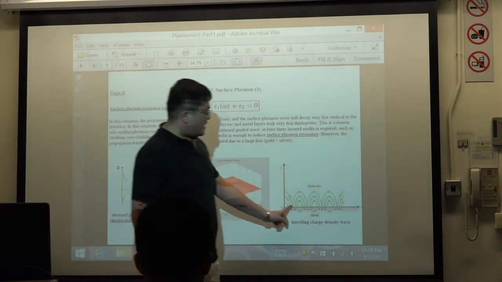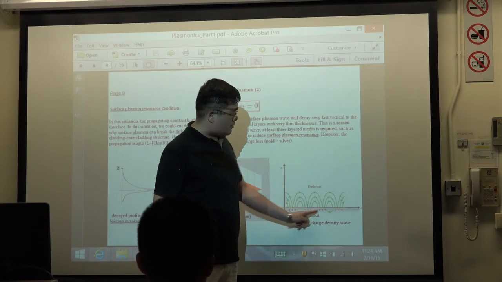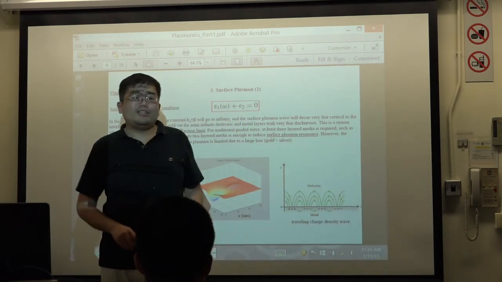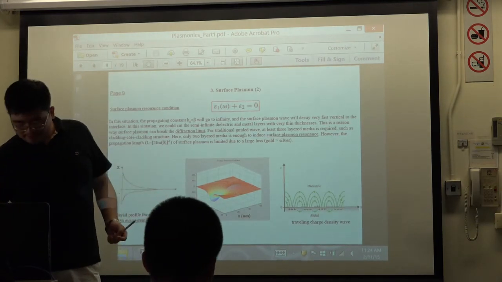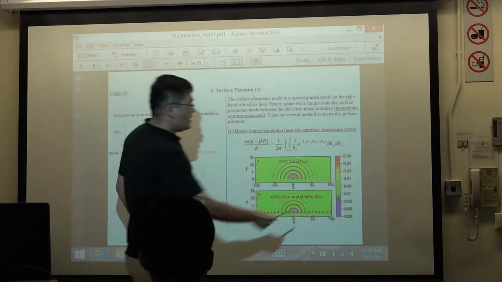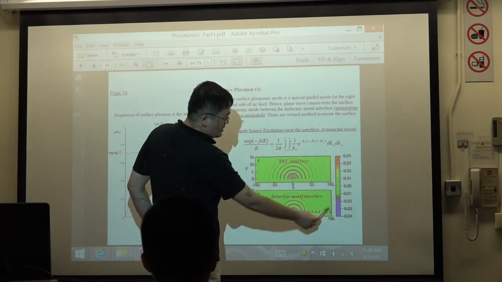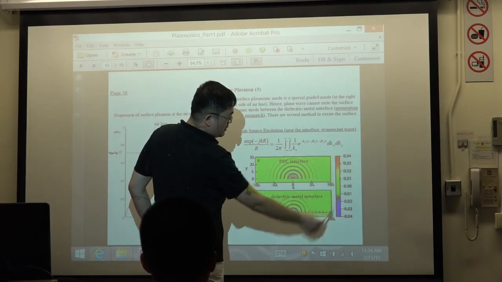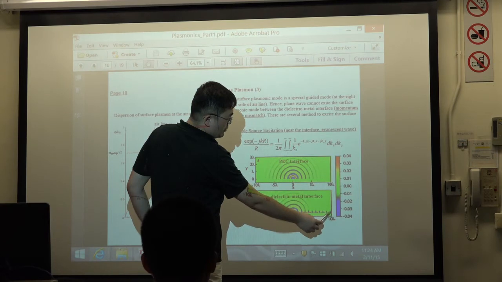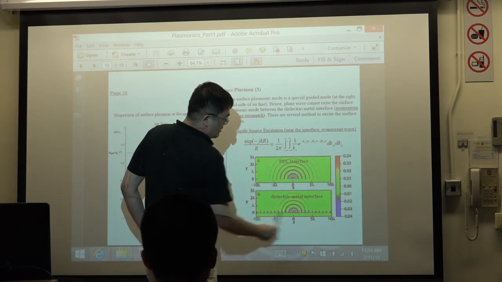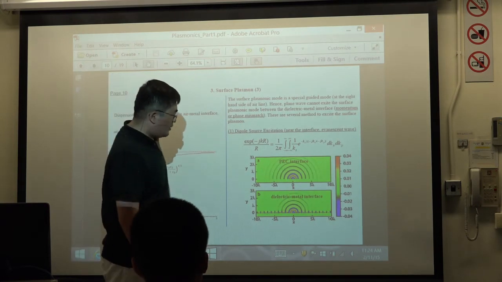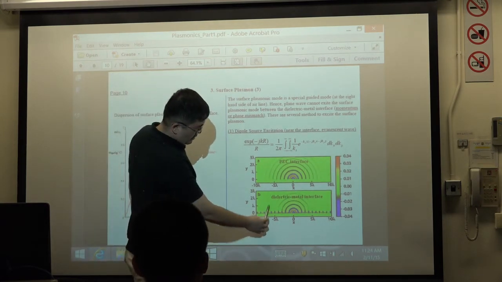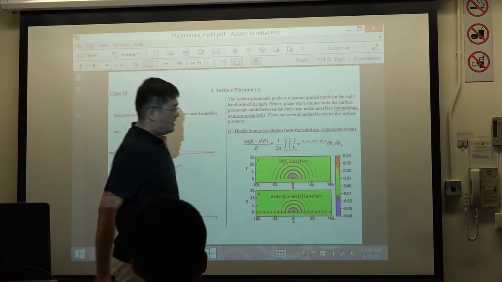When the E field changes sign, they have positive and negative charge, because n dot D equals rho. When D changes sign, the blue is negative and the red is positive. This is the surface plasmon nature. Also, you can see the decay coming out.